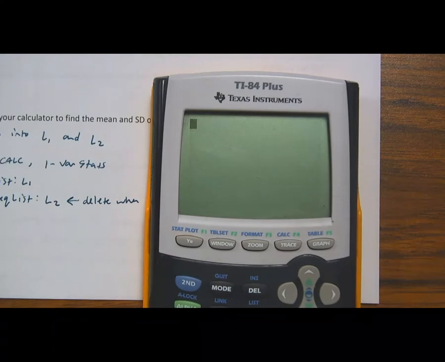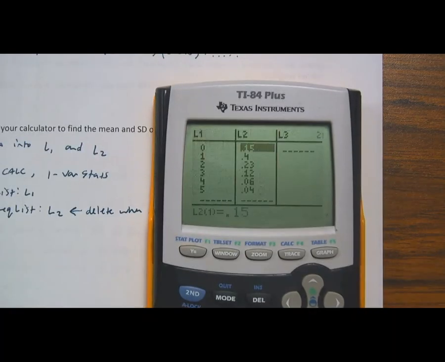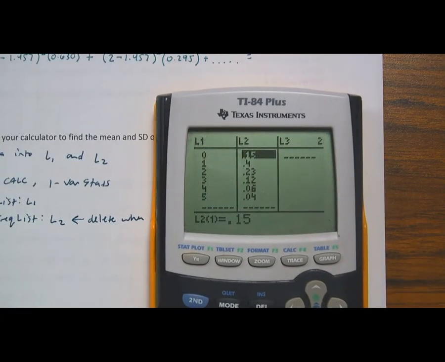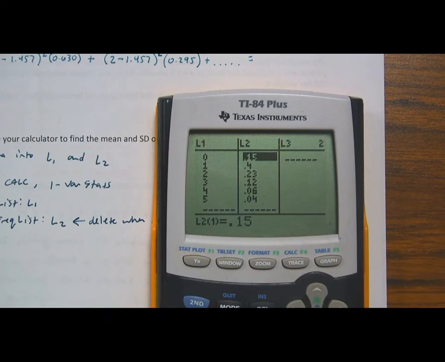Here we go. Stat, edit. If you're like me and you've got a bunch of values there that you need to get rid of, clear out those lists by highlighting the header and hitting clear enter. Or you could always reset the memory if you want to.